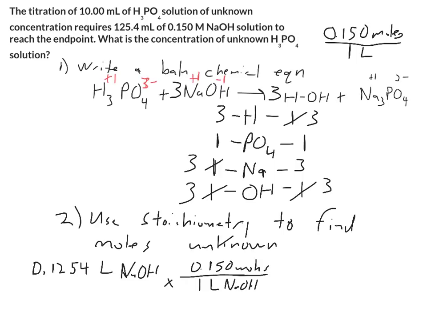So, using stoichiometry, the question's asking about the concentration of phosphoric acid. We know that we've got a ratio of 3 moles of sodium hydroxide reacting with 1 mole of phosphoric acid. We want units to cancel.